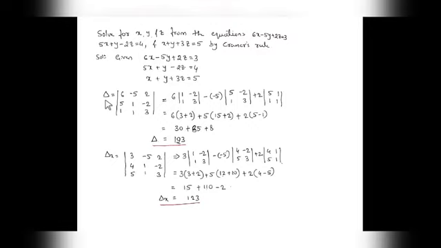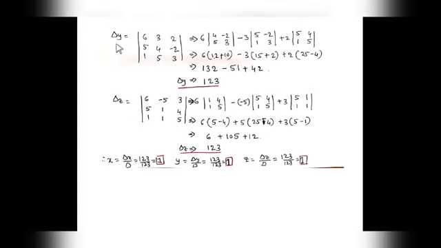Now, as I said, if I have to find out three unknowns, in that case I have to take delta, delta x, delta y, delta z. If I have to find out two unknowns, then I have to take only delta, delta x and delta y. Now presently we have to find out three unknowns.